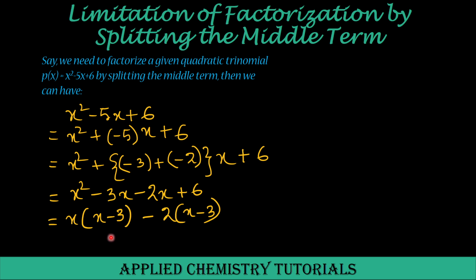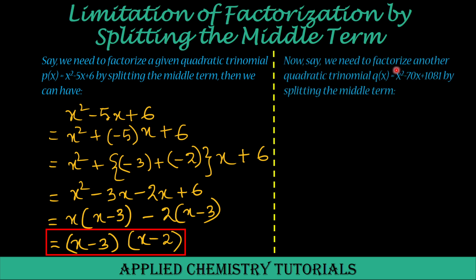So from both of these terms, we can see that we can take x minus 3 as the common factor. That gives us x minus 3 multiplied by x minus 2. This is the result we get after factorization of x square minus 5x plus 6 by splitting the middle term.